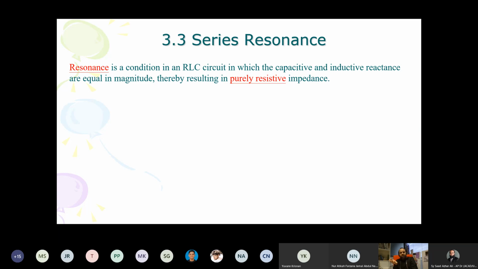First, let me ask you, have you guys seen such a condition anywhere before? There's an RLC circuit, and the end result is that it's purely resistive.